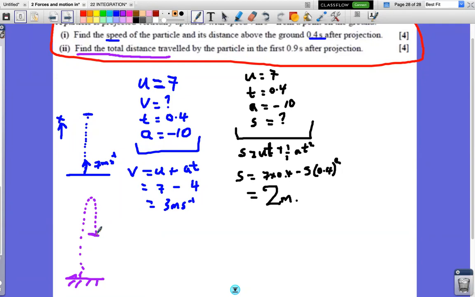If the particle is on its way down 0.9 seconds later, then if you use the equation S equal ut plus half at squared, you are only going to get this displacement. Okay, this value here.